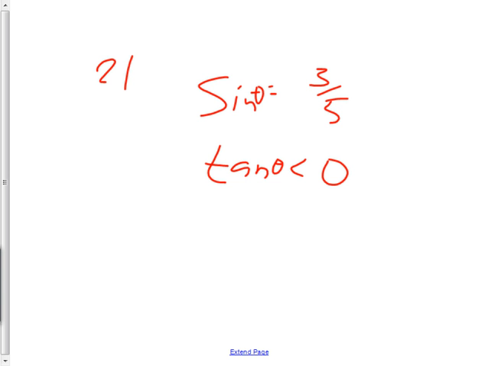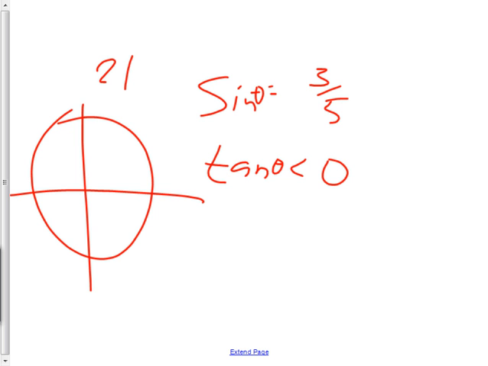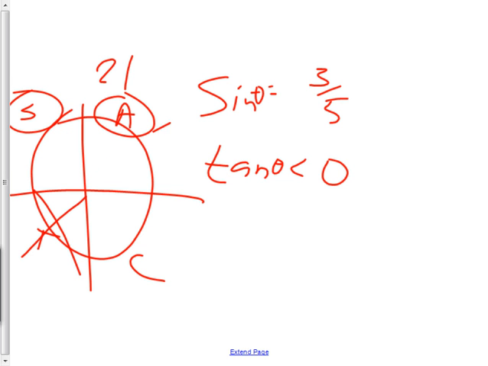So where is sine positive and tangent negative? Oh, students, take calc. Sine's positive here and here. Where is tangent negative? Well, tangent's positive here, and tangent's positive here, so I have to throw those out. So this is the spot where sine is positive, but tangent is negative. Get how I have to draw it in there? Okay, that's a problem like number 21.